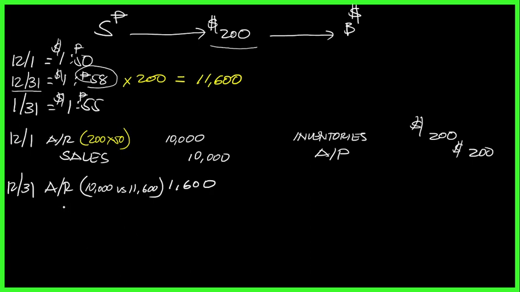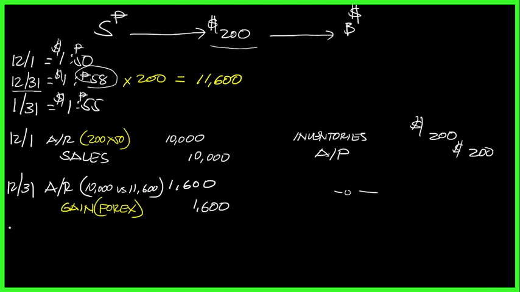This will now be your gain, or your forex gain, amounting to 1,600. In the books of the seller, there is no need to adjust because the transaction is denominated in the reporting currency. So no entry.